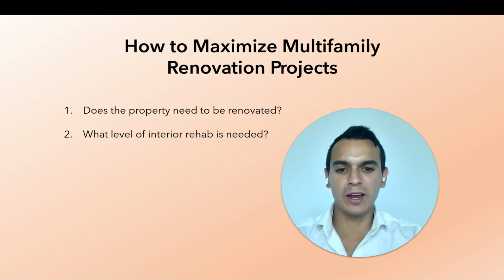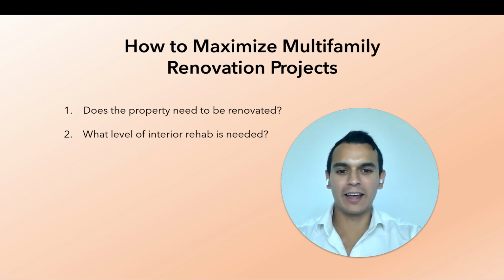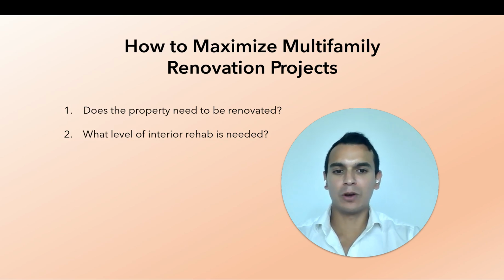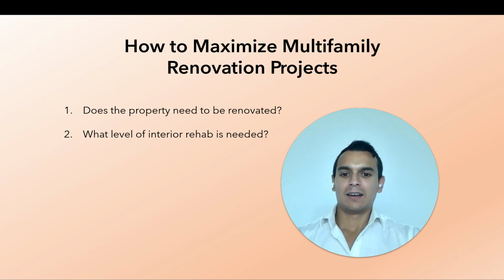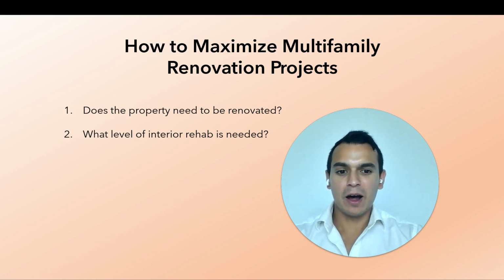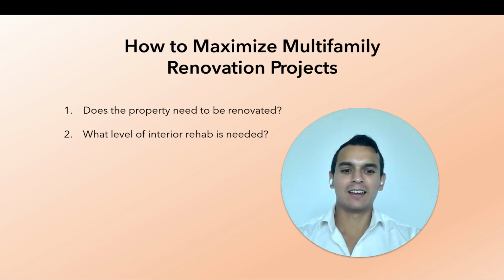We're putting in rent-a-grade materials: cabinets, maybe some lower end stainless steel appliances in the kitchen. We're doing vinyl flooring that can be easily replaced and is inexpensive and actually looks pretty good. We're painting, and maybe the bathrooms as well. But that is the extent of what we typically do with interior rehabs in Class B and Class C properties, particularly of older vintages.